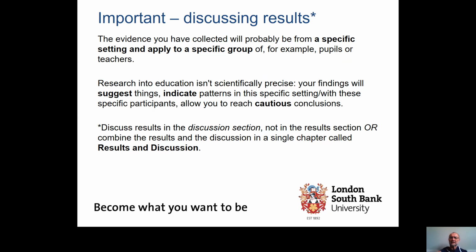It appears that. So be careful with how you use language in your results and discussion section. And note, just to emphasize there, discuss results in the discussion section, not in the results section. Or combine the results and discussion in a single chapter called results and discussion, or findings and discussion. That would be fine.